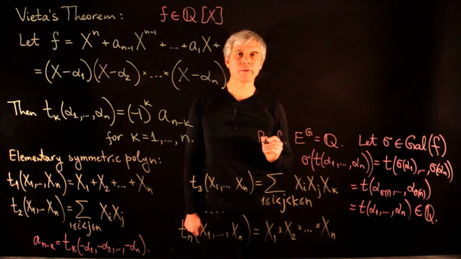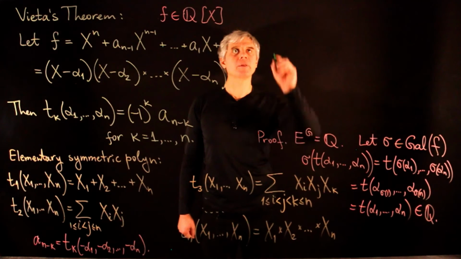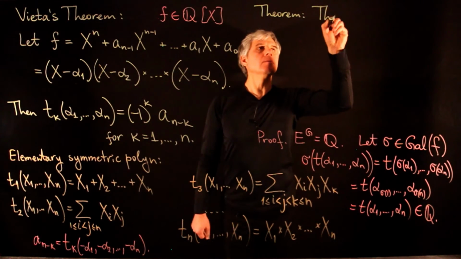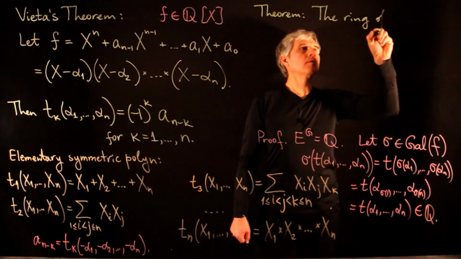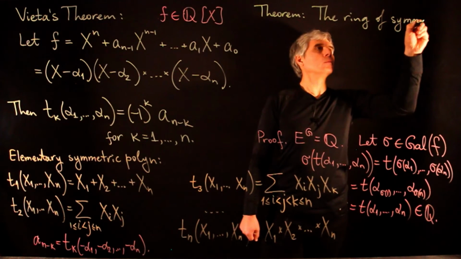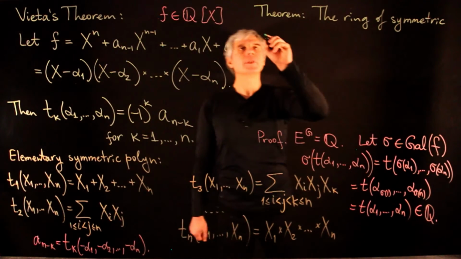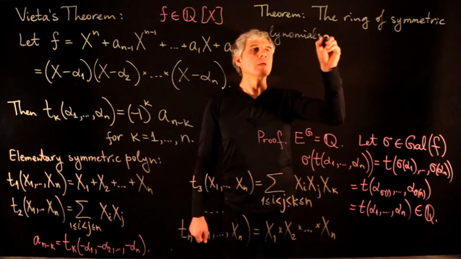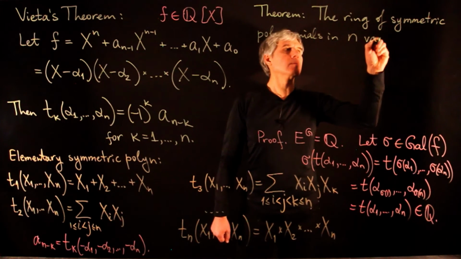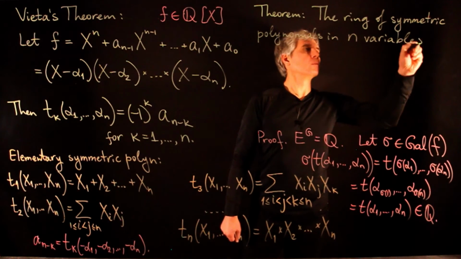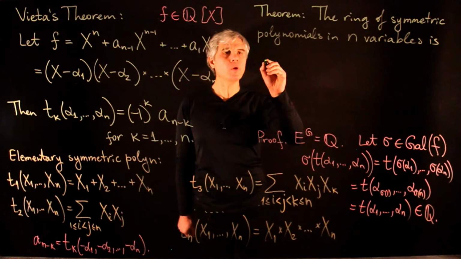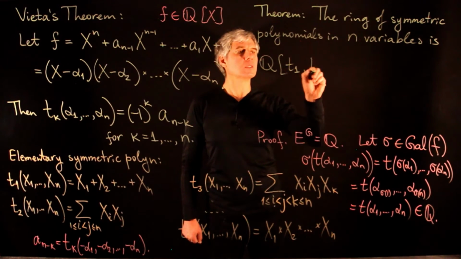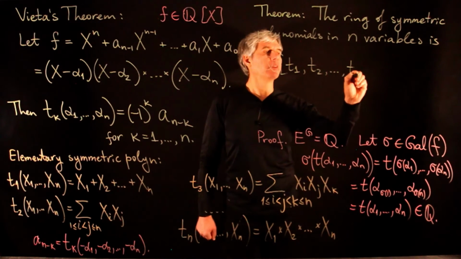Let us quote the following fundamental theorem about symmetric polynomials. The ring of symmetric polynomials in n variables is the polynomial ring Q[t_1, t_2, ..., t_n].